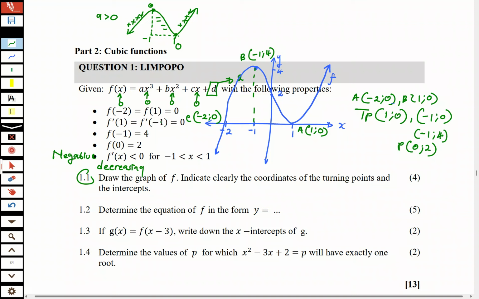Remember, guys, these are the roots of this function. This is where your function intersects the x-axis, and this happens at -2 and +1. And remember that since the order is 3, we must have how many roots? 3 roots.